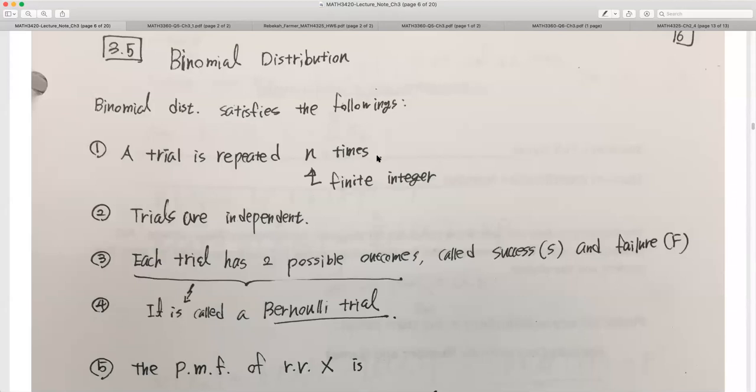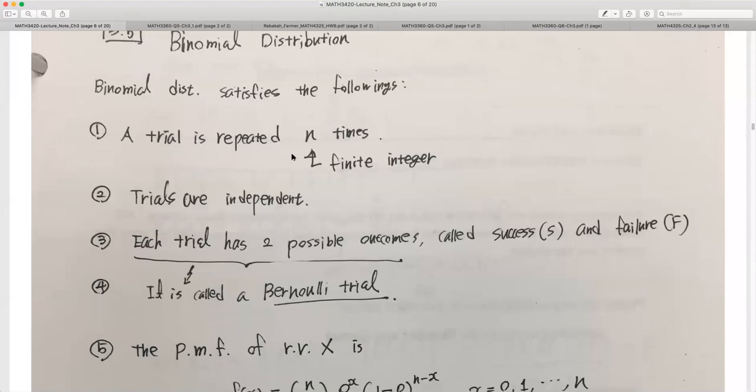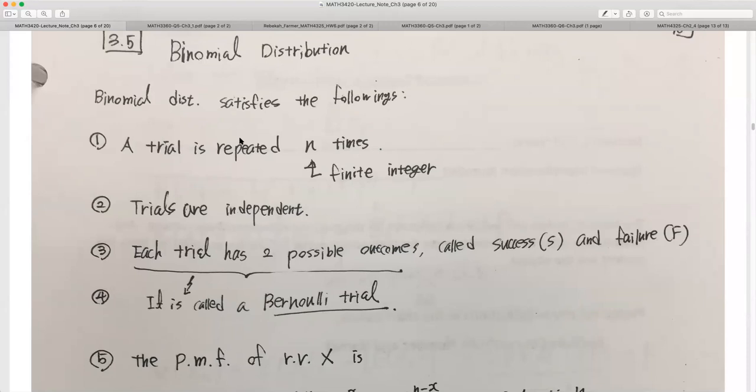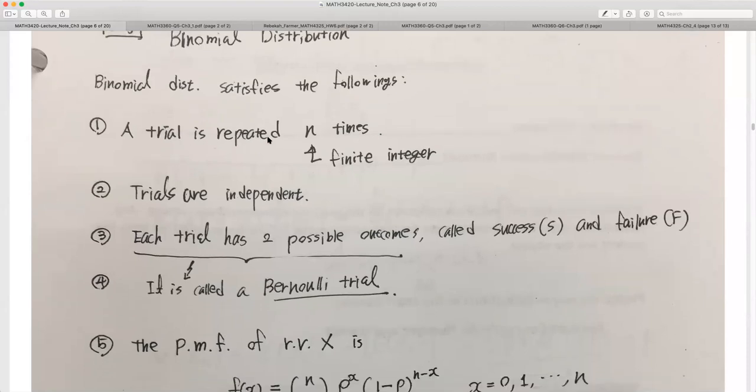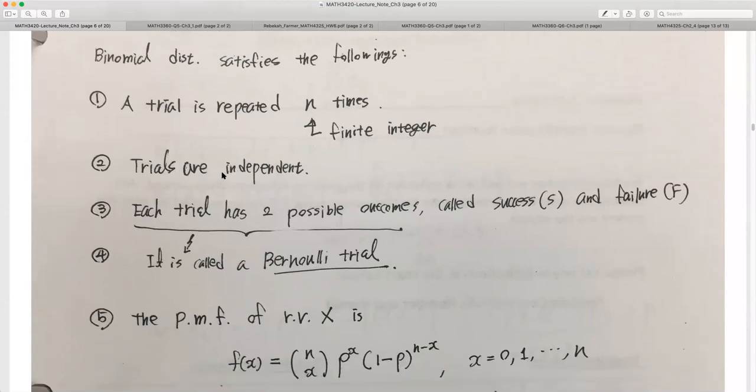So 3.5 here. First one, what is a binomial distribution? The trial is repeated n times, where n is a finite integer. So keep in mind that in a binomial distribution the number of trials is fixed. Why does that matter? Because we'll see another distribution, similar to the binomial distribution, but where the number of trials is not fixed. Anyway, trials are independent.